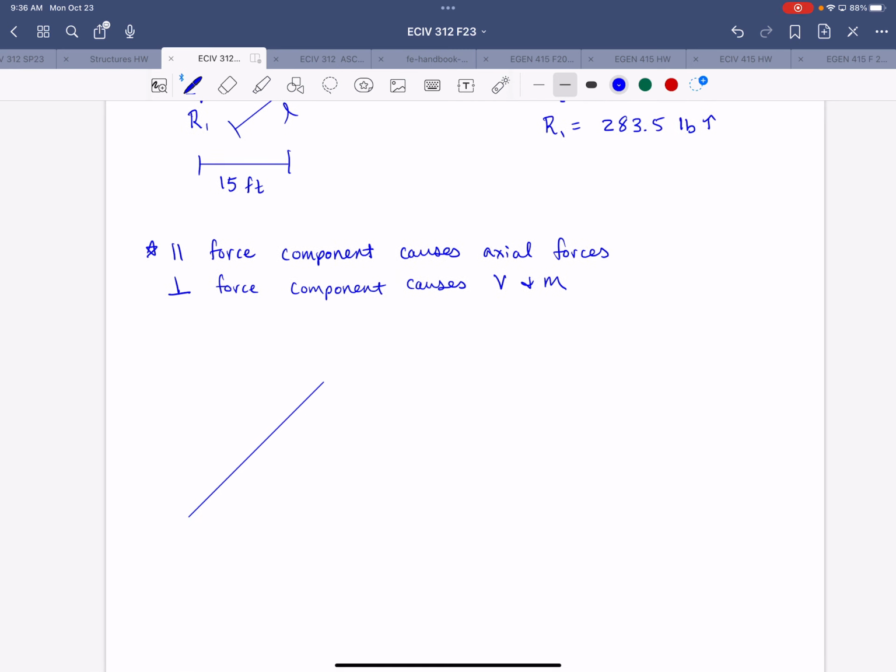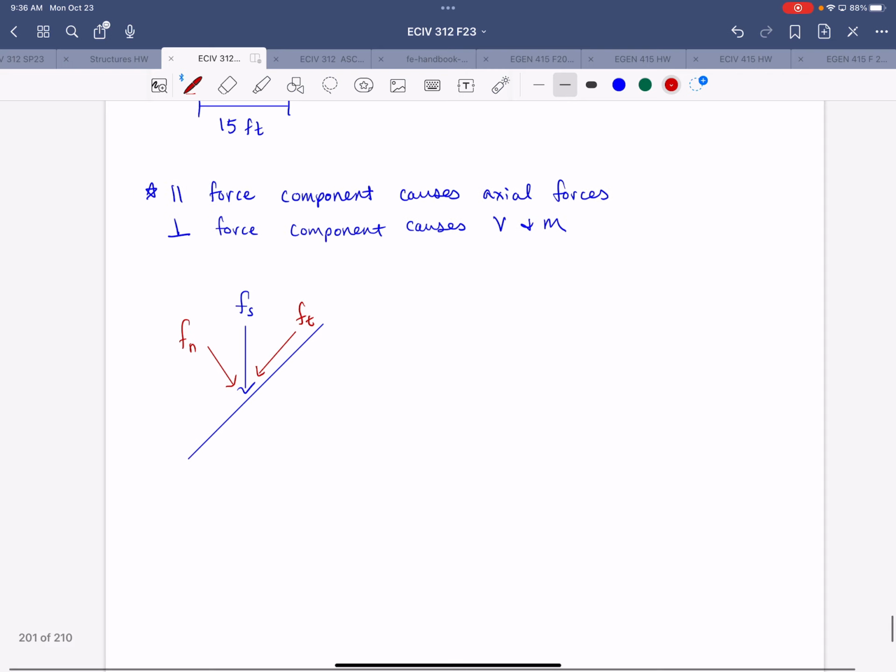So the forces acting on the rafter, if we were to break this down, we have the resultant force from the snow load, we'll call that Fs. We're going to break it down into the tangential, which is the parallel component, and the normal. And they will always be acting in the directions that trend downward. So the normal force will be perpendicular, acting towards the roof, and the tangential will be parallel, acting downward.